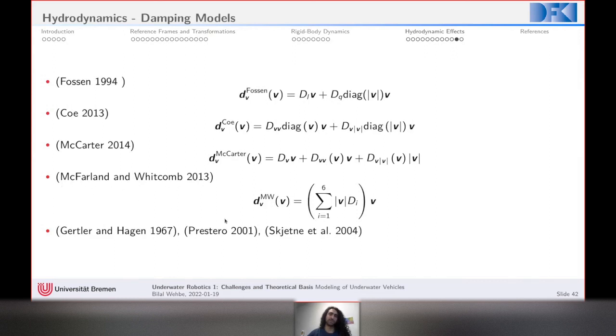This reference here is so far the most complex damping model. Instead of having only one or two matrices, there are six different matrices, each one with 36 elements.